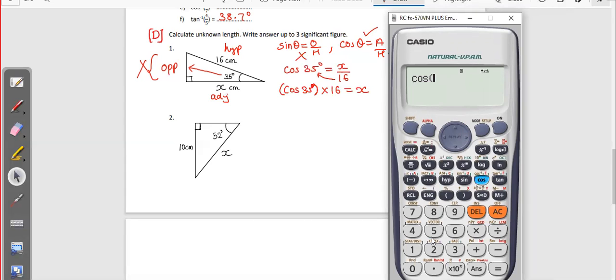Click the cos button, 35, click the degree button, close the bracket. Answer is 0.8191. No need to write this value directly. Since you are using the calculator, you can just directly multiply this value by 16. So the final answer is 14.744738.